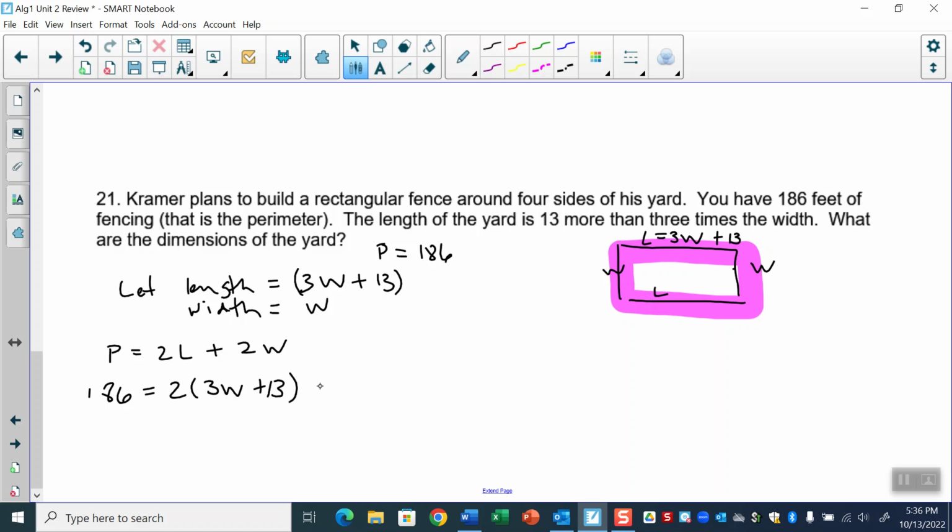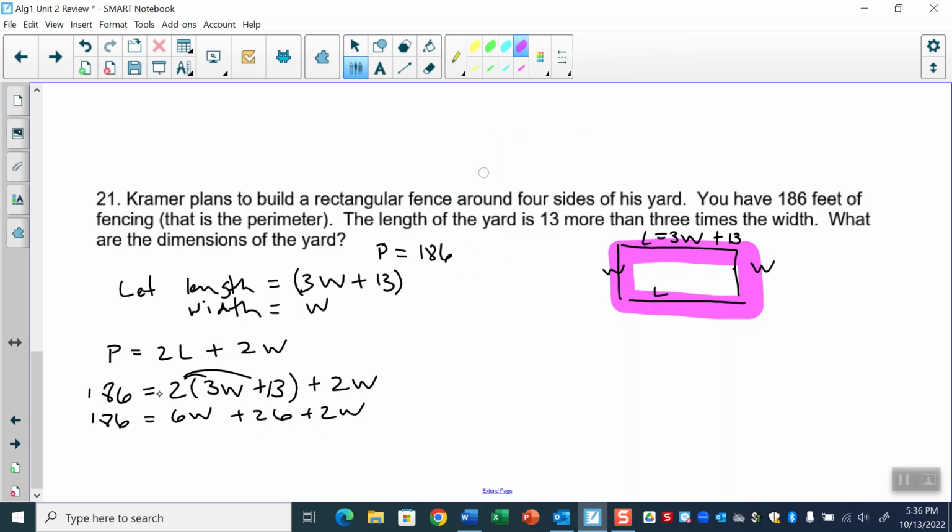So I have 2 lengths plus 2 widths. And then now I'm going to distribute the 2. So I have 186 equals 6W plus 26 plus 2W. I'm going to combine my like terms. These are on the same side of the equation, right? So that means I'm going to combine them.